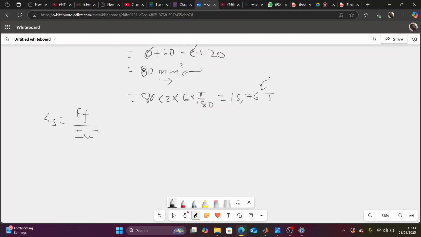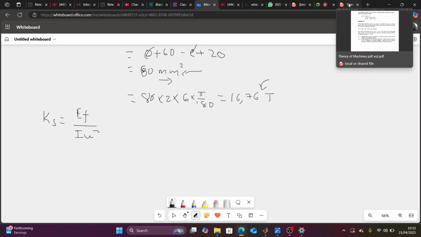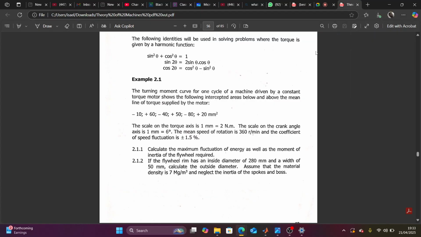So when you read this problem, when they say the coefficient, remember they said the mean speed. This is the W, 360 RPM. And the coefficient of speed fluctuation is plus minus 1,5. What is this one? Ks, right? Okay.